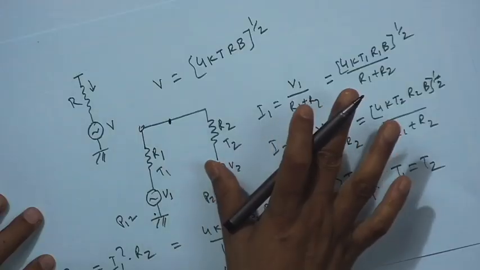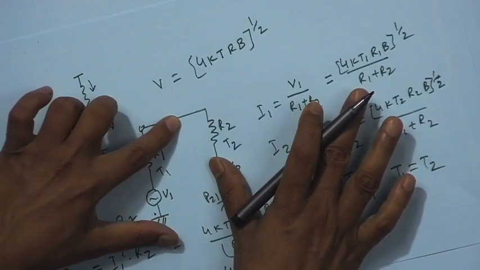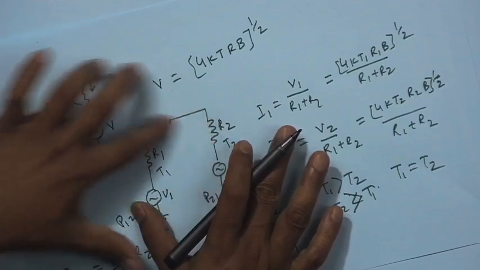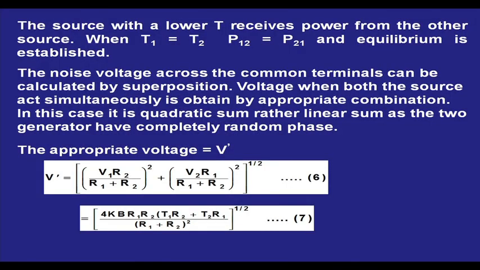How do you get the superposition? First, V2 is not there, I calculate the voltage. Then V1 is not there, I calculate the voltage. Then do the superposition, but both sources are simultaneously on.